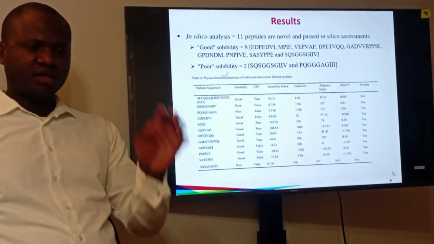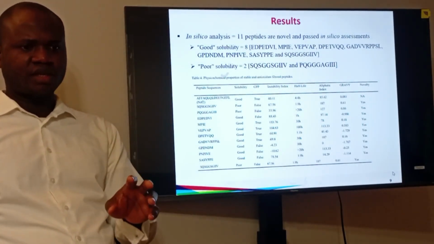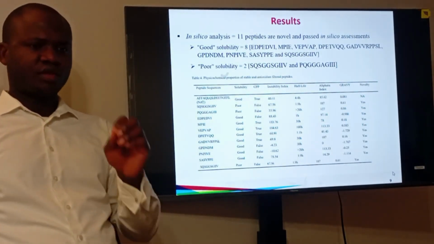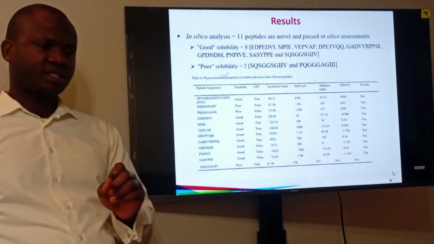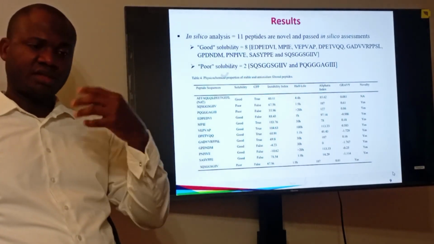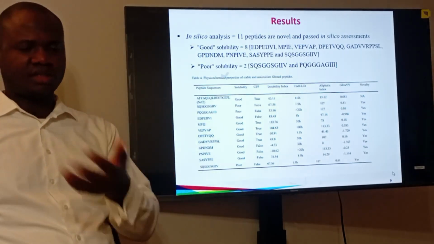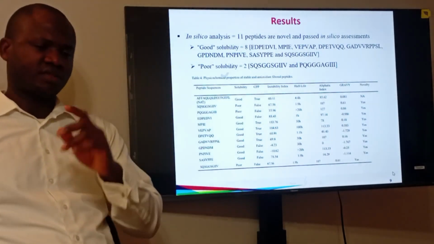But out of all the 567 peptide sequences, only 11 peptides were found to be novel and also pass the in silico assessment. That is, out of 567, only 11 were found to be biologically relevant, passing through all the screening: antioxidant screening, allergenicity, and all the stuff like that.